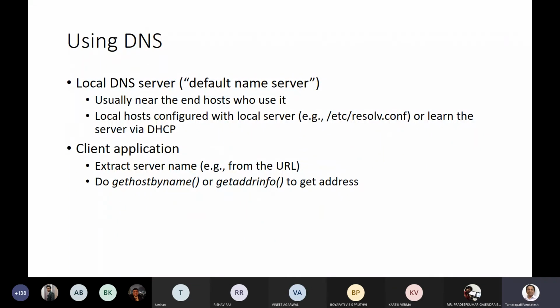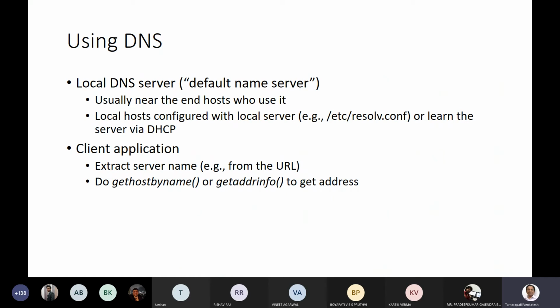Say you type www.iitg.ac.in in your web browser and hit enter. It would invoke the DNS daemon, which would extract the server name from the URL and then get the IP address by one of these methods, gethostbyname or getaddrinfo.